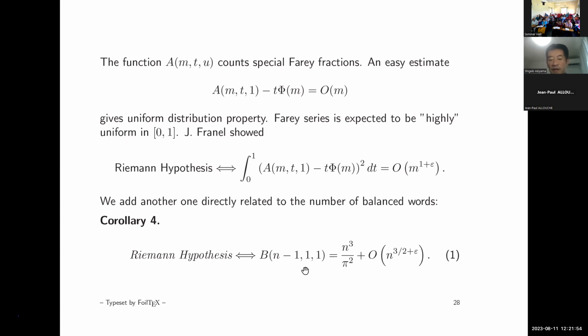The number of balanced words of length less than n is equal to n cubed over pi squared plus an error term. And this error term is most important. This error term is almost half of this 3, so 1.5 plus epsilon. And this is equivalent to the Riemann hypothesis.